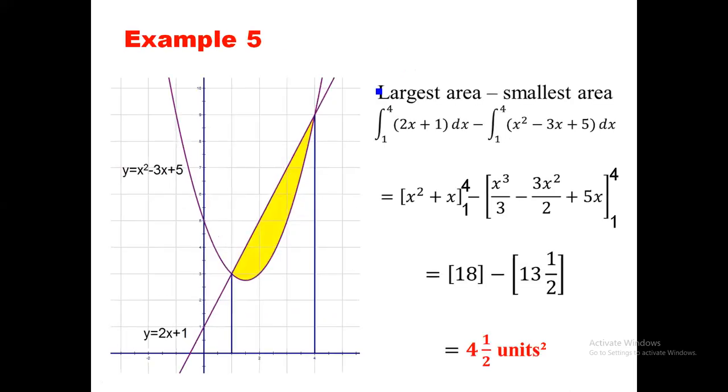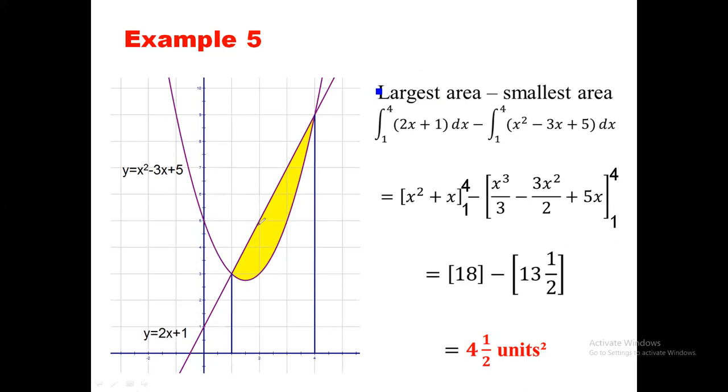Now, as an example, you have the curve x squared minus 3x plus 5. This is the curve here, a parabola that opens upward. And you have this line, y equal to 2x plus 1. The area that you are to determine is the yellow shaded portion.